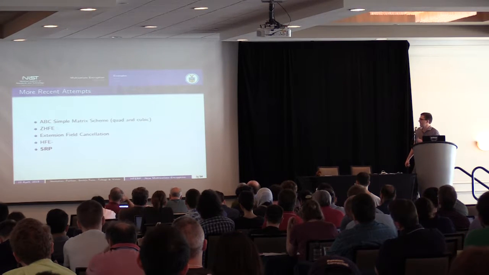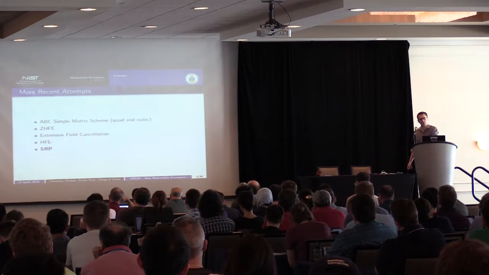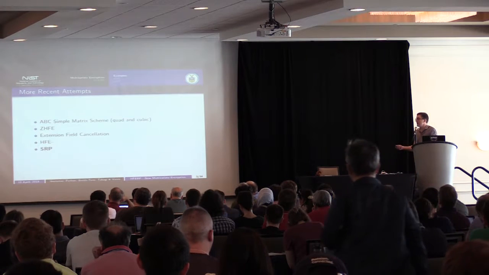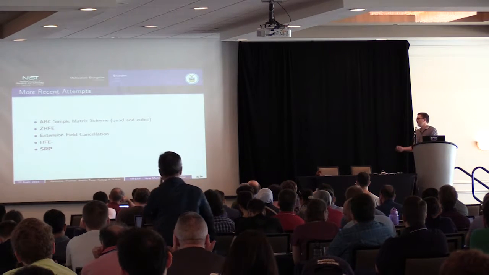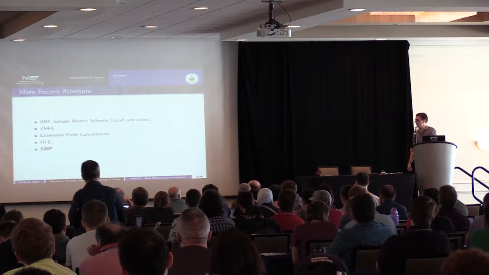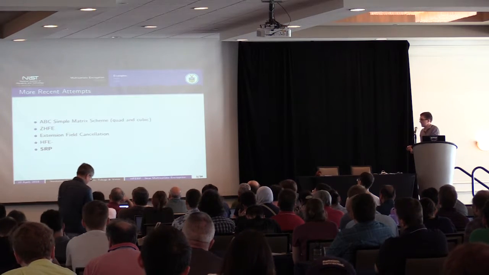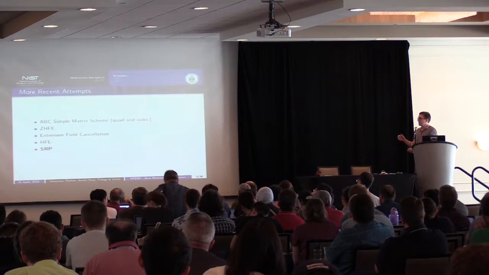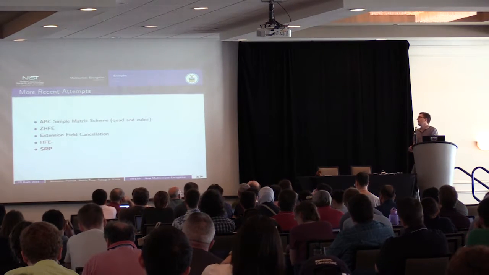Extension field cancellation, we had that a couple of years ago, I think PQ Crypto 2016, if I remember correctly. HFE minus as a method of encryption, the first I heard of it was also at PQ Crypto 2016. And then another even more recent attempt is SRP, which is the motivation behind this scheme.